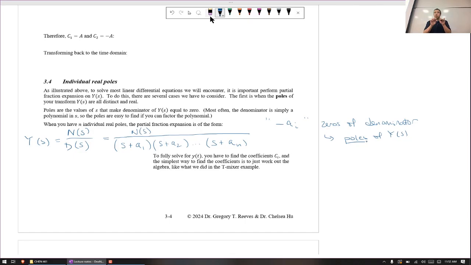And you look at that polynomial and you say, what are the zeros of that polynomial? When you figure out what the zeros of the polynomial are, you can factor the polynomial into a bunch of binomials.